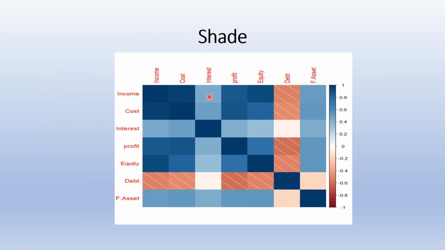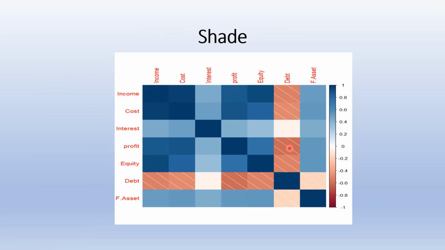You can find here the light blue color. So we can say that income and interest are weakly or moderately related. Now here the color is dark. So we can say that the variable income is strongly, and the color is blue, so positively strongly related with the profit.